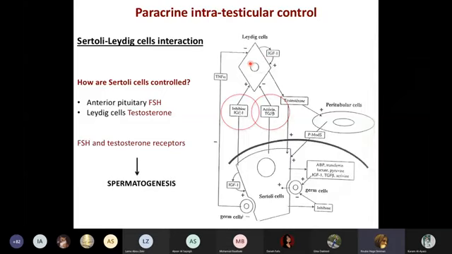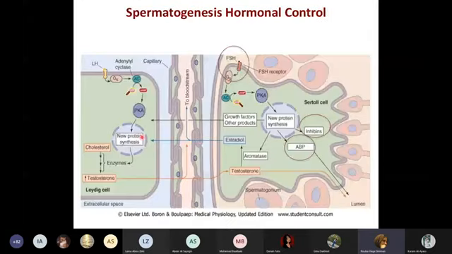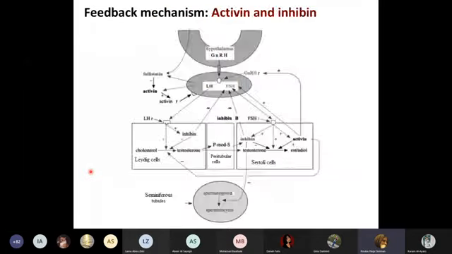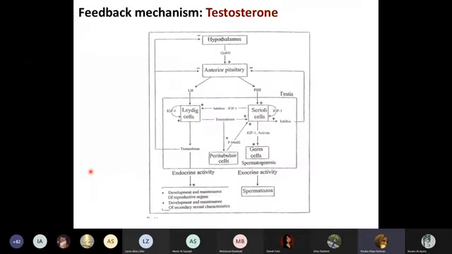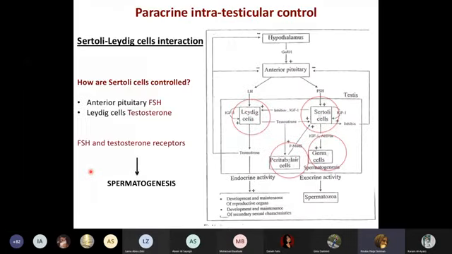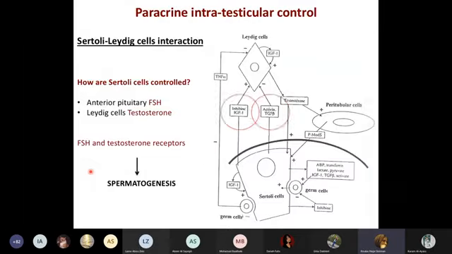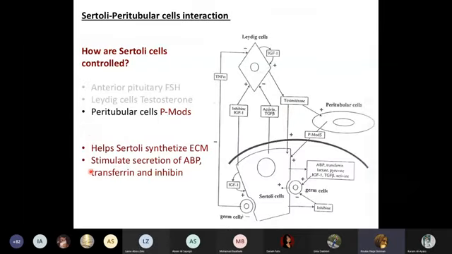Now we move to the second type of interaction, which is the Sertoli peritubular cells interaction. The peritubular cells are the myoid cells. They are present, as we mentioned, in the lamina propria. They secrete various factors that regulate the activity of the Sertoli cells. They express large numbers of androgen receptors, so they can respond to testosterone, unlike the germ cells.